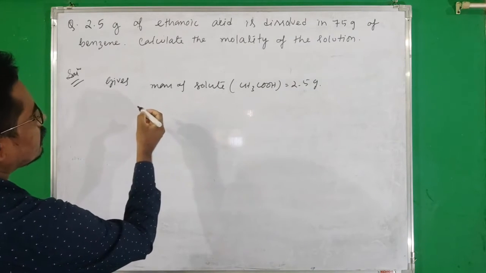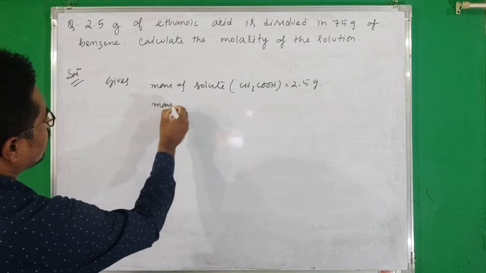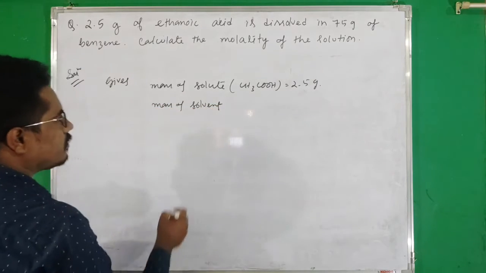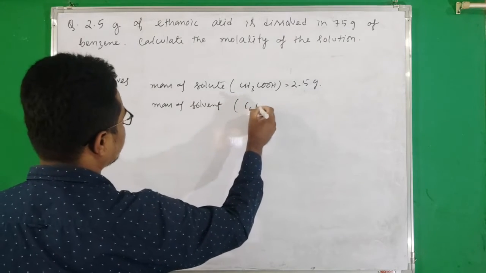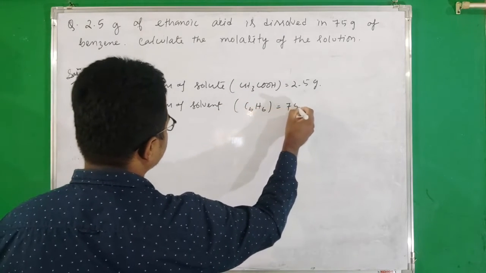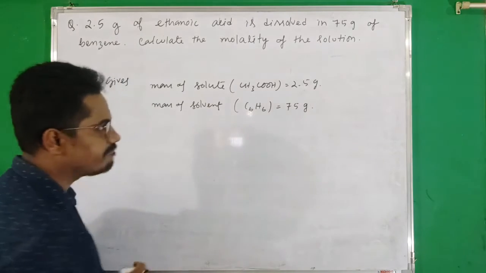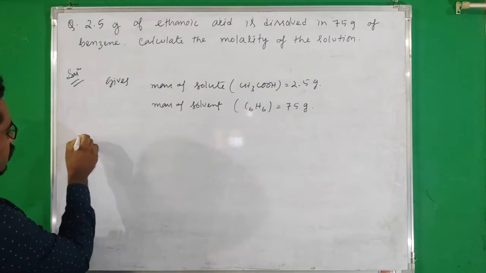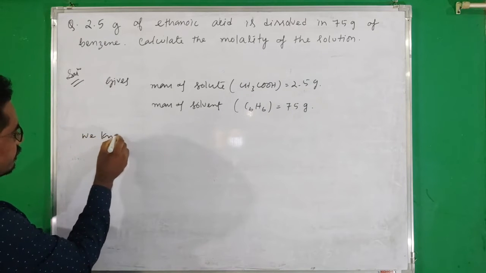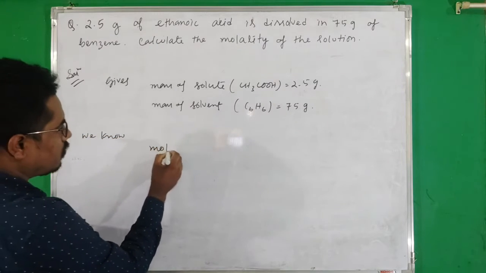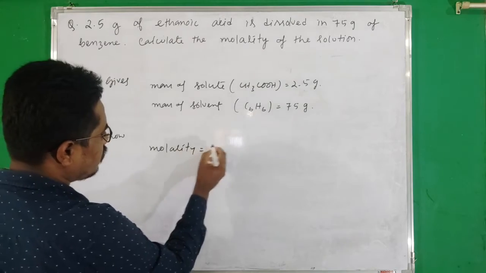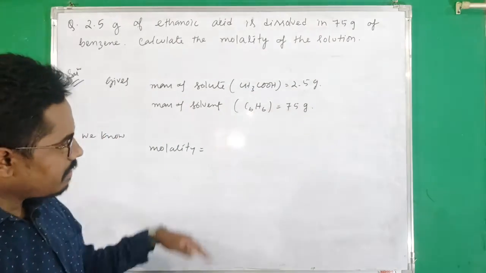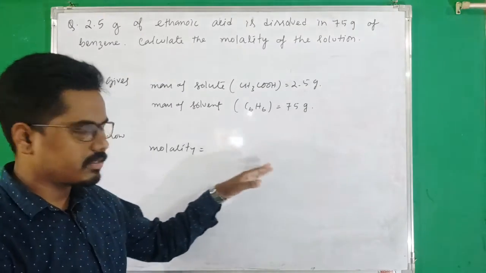Again, mass of solvent, that is benzene, 75 gram. These are the given data. Now we know molality of a solution equals number of moles of solute divided by mass of solvent in kg.